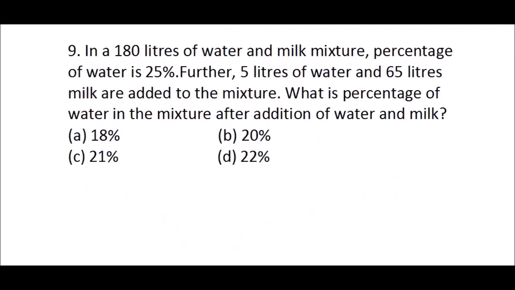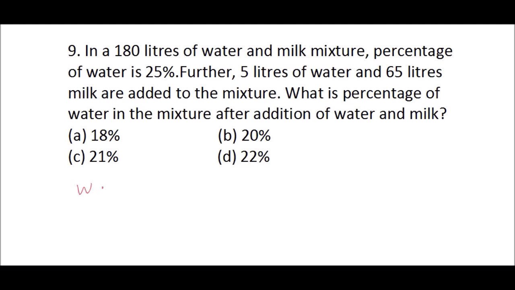Next question is: in 180 liters of water and milk mixture, percentage of water is 25%. Further, 5 liters of water and 65 liters of milk are added to the mixture. What is the percentage of water in the mixture after addition of water and milk? At the beginning there was 180 liters.